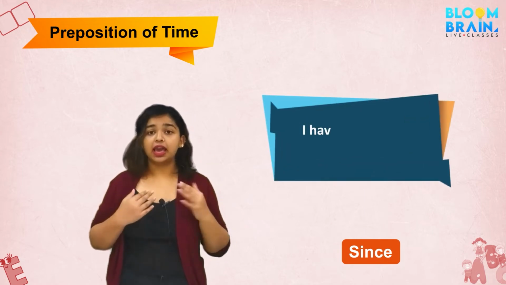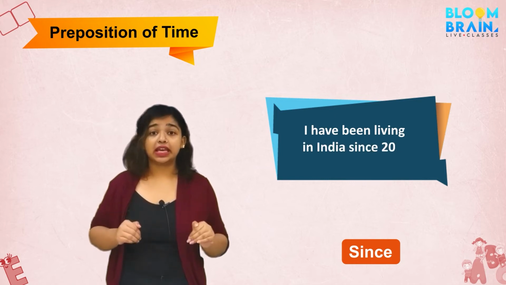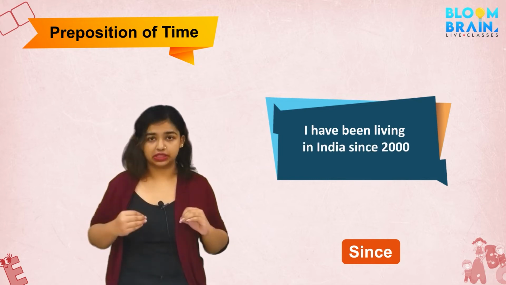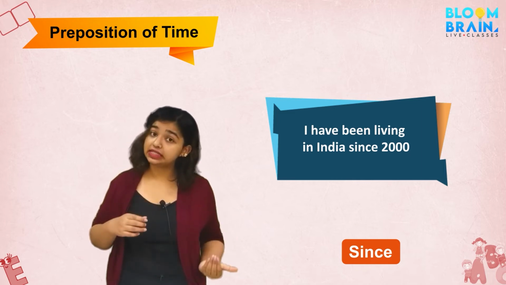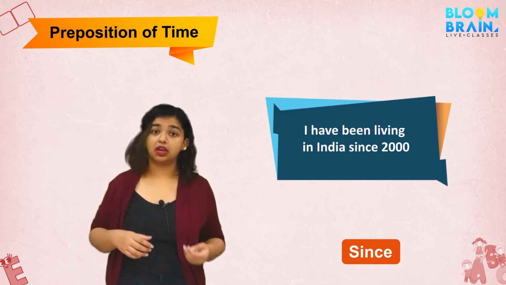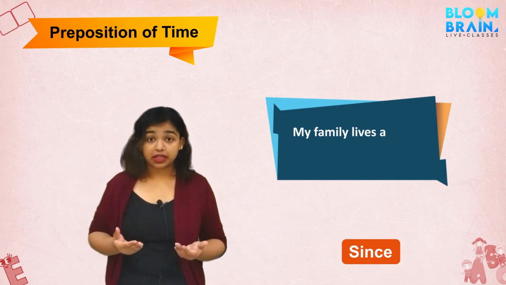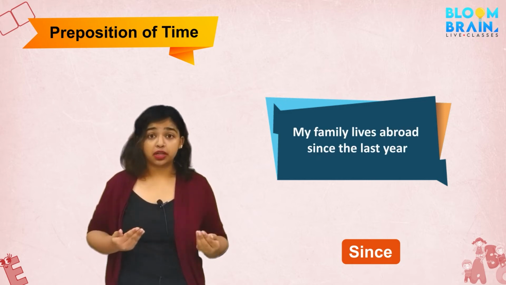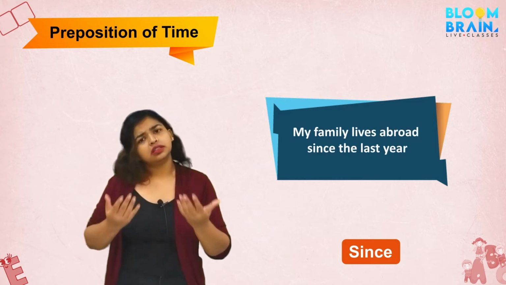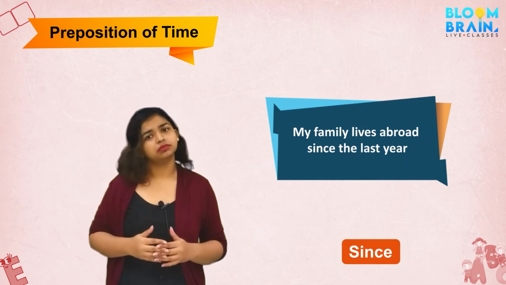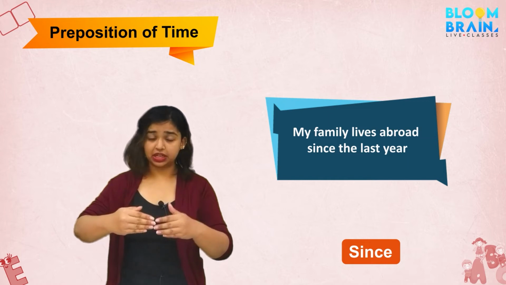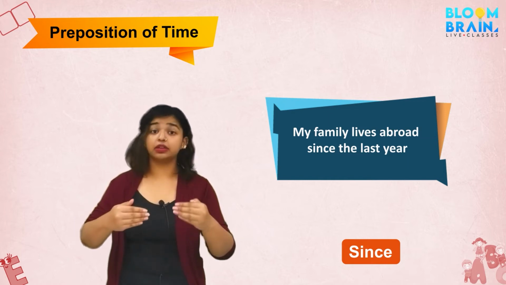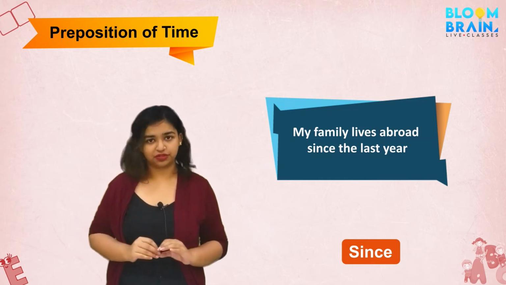So I have been living in India since 2000 or since I was born. Since I still live in India. Or my family has been living abroad since last year. They shifted abroad last year and they have been living there since that point of time.